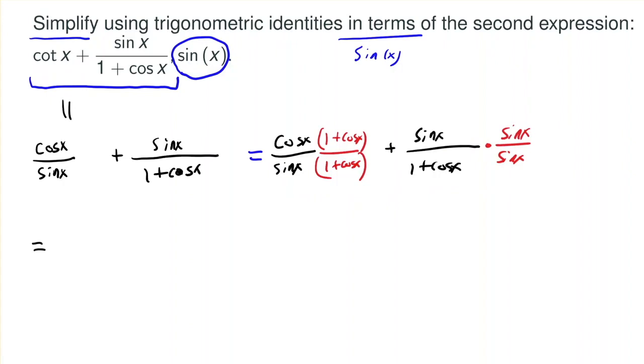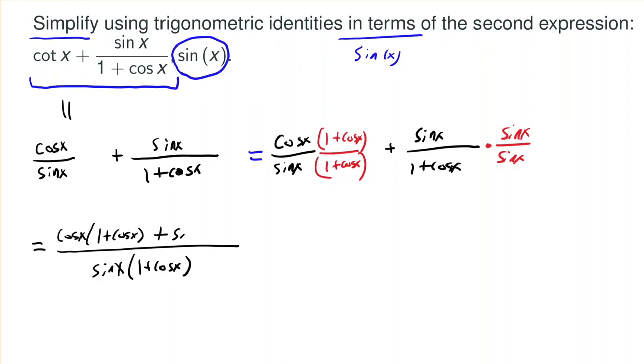So here I'm going to write only sine x times 1 plus cosine x once, as the common denominator. In the numerator, I have cosine x times 1 plus cosine x, plus sine squared x.